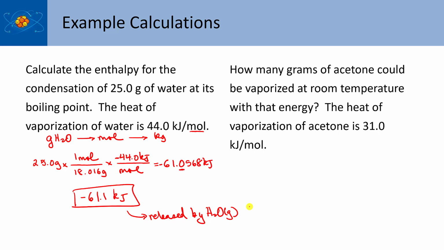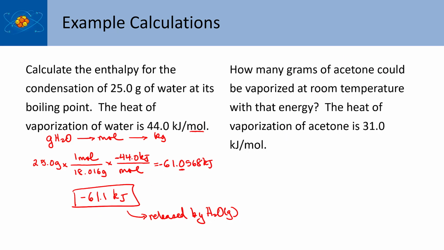But what we're doing is we're going to absorb that energy into the acetone. So the energy for the acetone that's going to be absorbed is just the opposite of this number, because conservation of energy says what's lost by one system is gained by another.